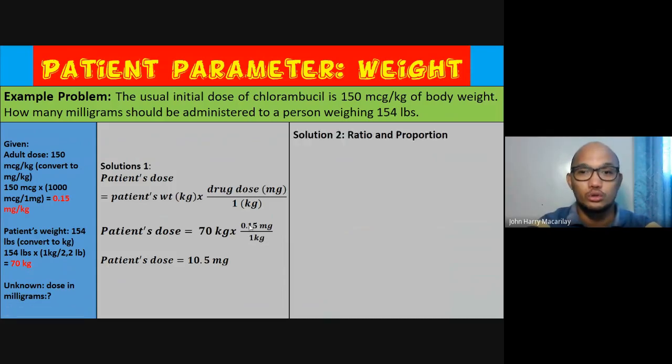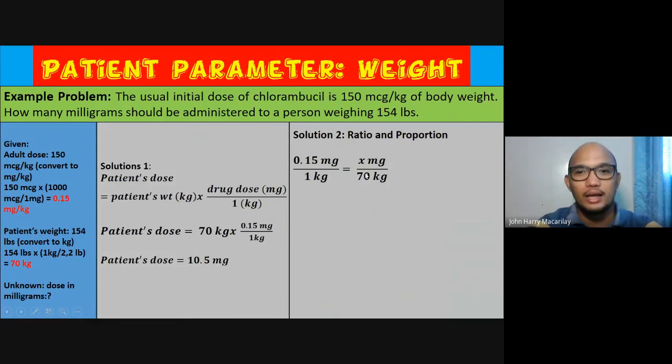Next solution, you can also use ratio and proportion. What is missing here is the amount of drug that you're going to administer to 154 pounds or 70 kilograms. And the one that has a pair is 0.15 milligram per kilogram. So your solution will look like this: 0.15 milligram over 1 kilogram equals X over 70 kilograms.